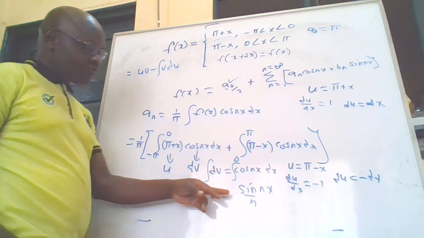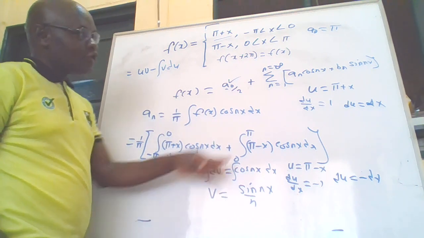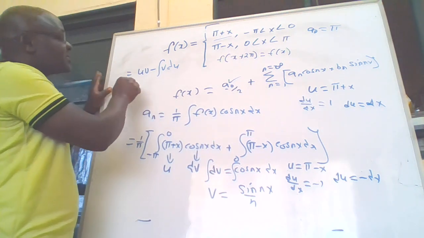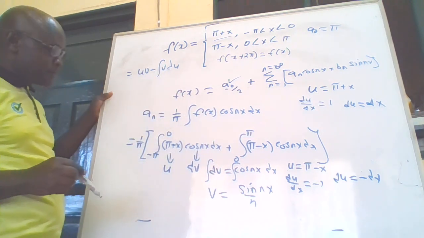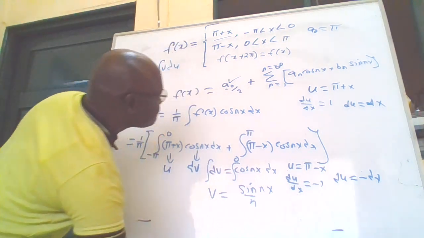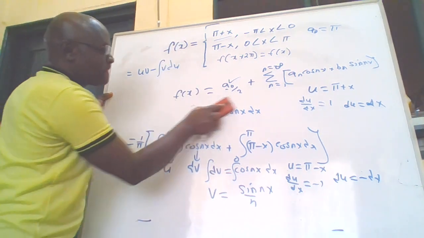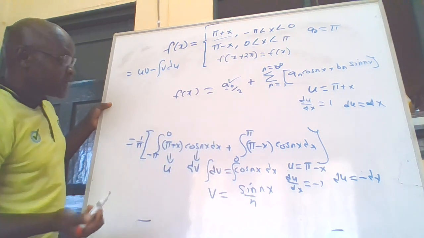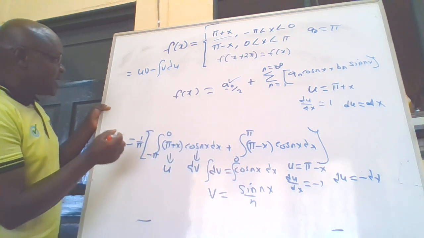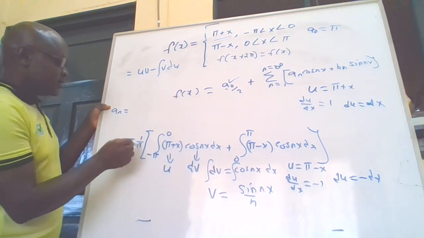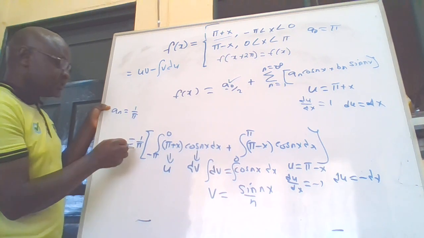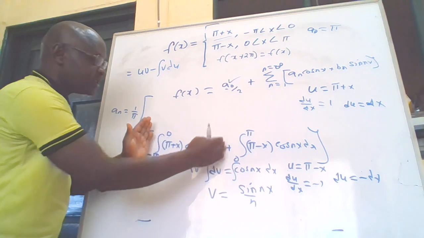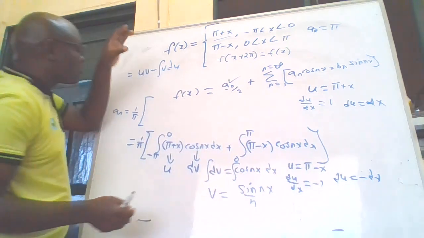Now, once we have the value of v, we have the value of u, and we have du, we can now substitute in this formula. Now, what we are saying is that our AN equals, of course, 1 over pi, this pi. Now we are applying this formula.